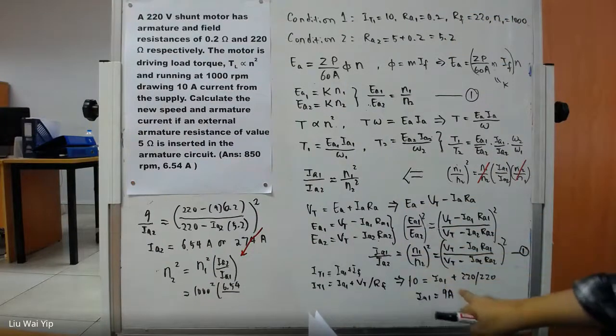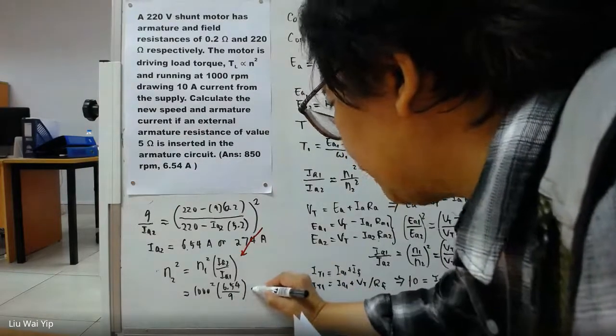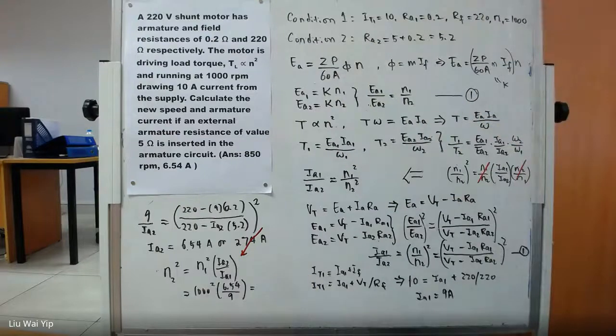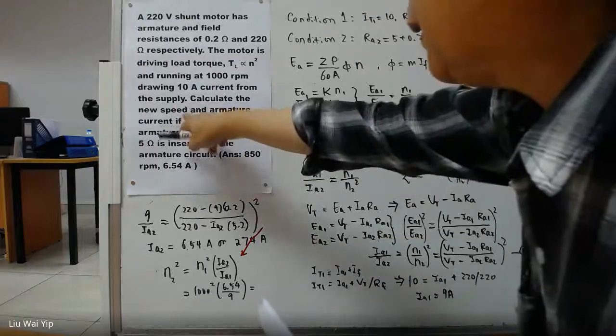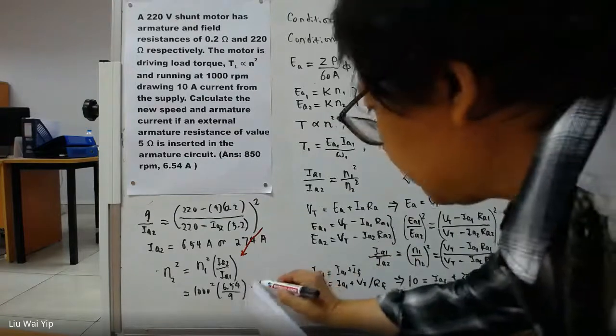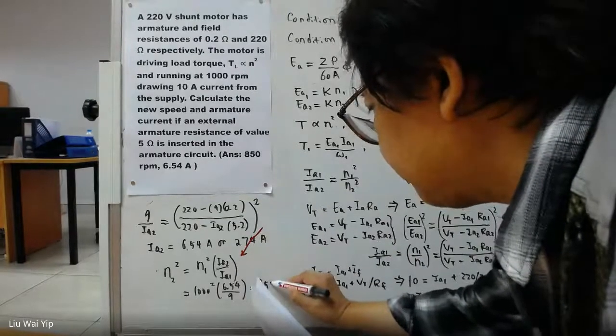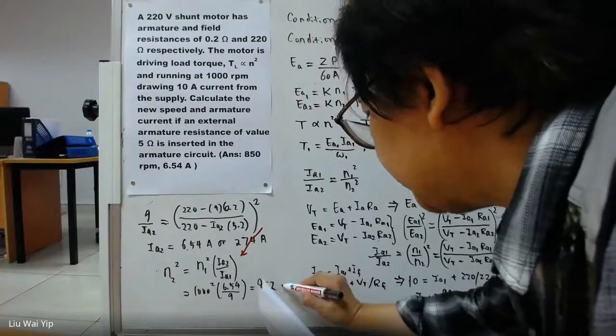Yes, we do. We got IA1 here, 9. So if you are careful enough, you should be able to come up with an answer for the second part of the question, the speed. The speed should be 852. So this is the speed in RPM.